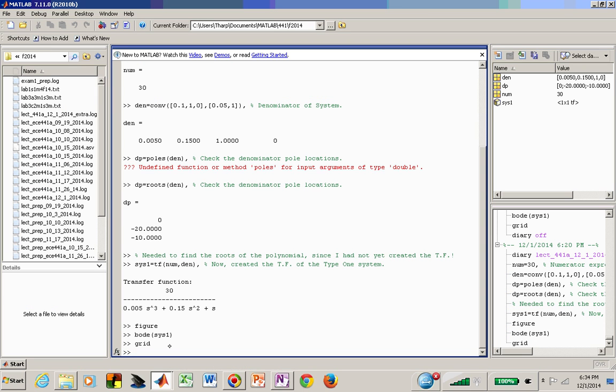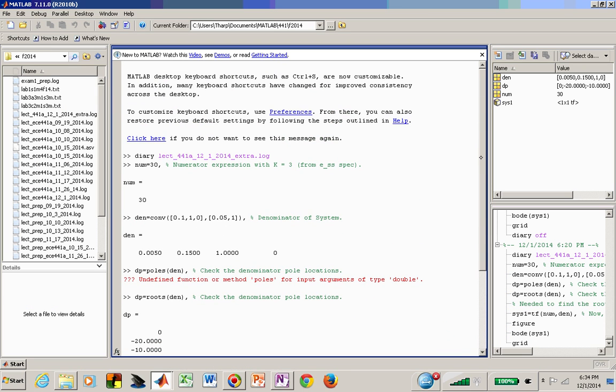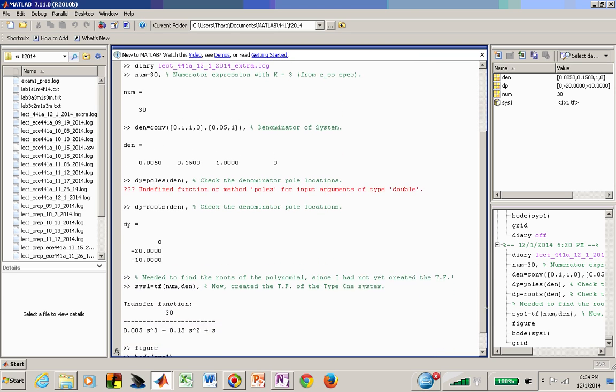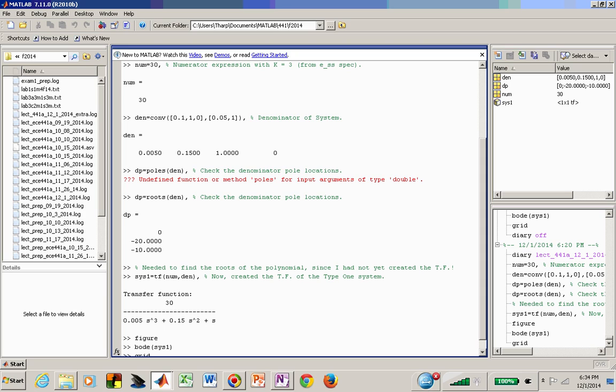If I illustrate that via Matlab, I've defined the numerator to be 30, the denominator to be that convolution. I forgot that my denominator was just a polynomial and not a transfer function, so trying to put that into the poles function didn't make any sense, which Matlab told me. So I used the roots command to check that I had built my denominator polynomial correctly.